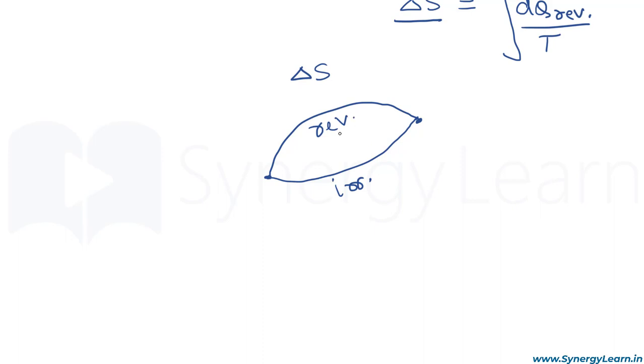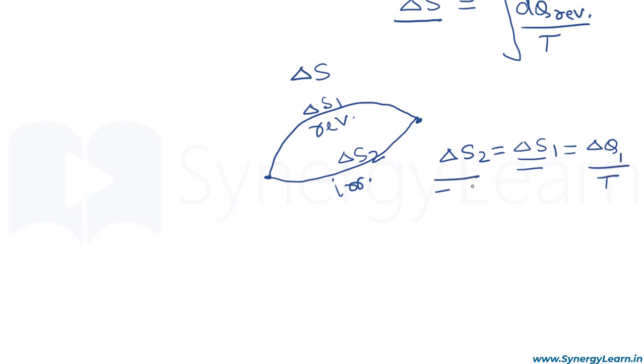Then the entropy change calculated for the first path, say delta S1, and the entropy change for the irreversible path, say delta S2, are equal. That is, delta S2 equals delta S1, and we have a mathematical form to calculate delta S1 because process 1 was reversible. Hence, we also know the change in entropy for the irreversible path.